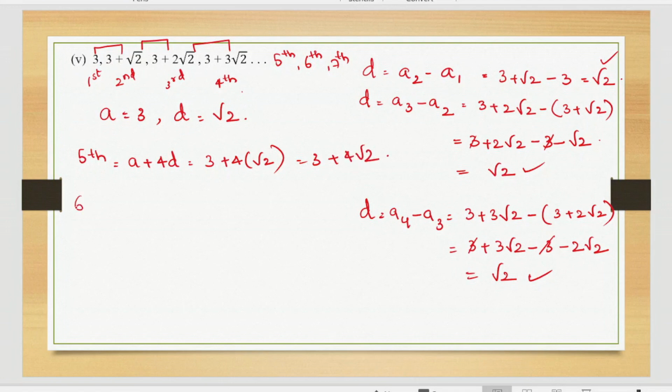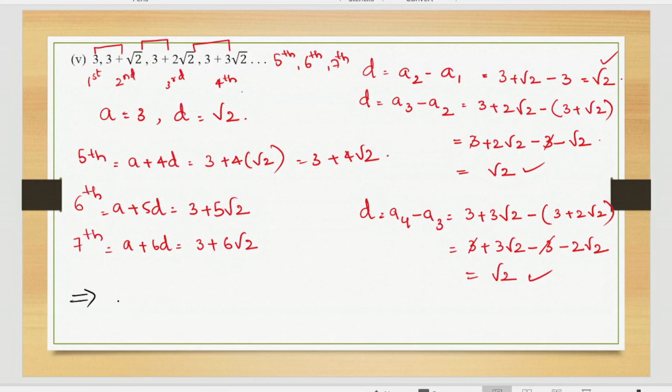Okay. Then next is the sixth term, that is a plus 5d, which is a is 3 plus 5 into d, which is root 2. The next is the seventh term, which is a plus 6d. So you will get a is 3 plus 6 into d, which is root 2, so 3 plus 6 root 2. Okay.